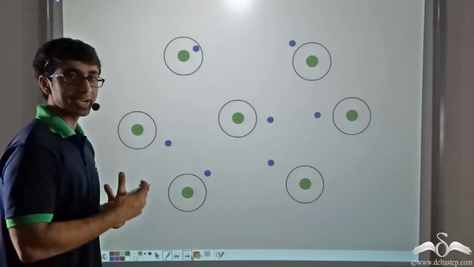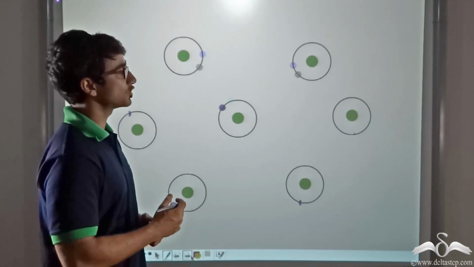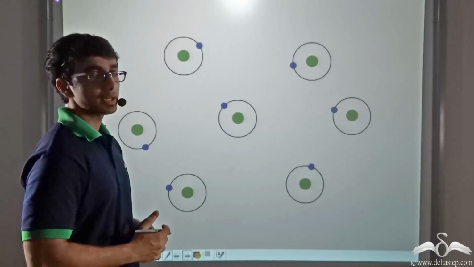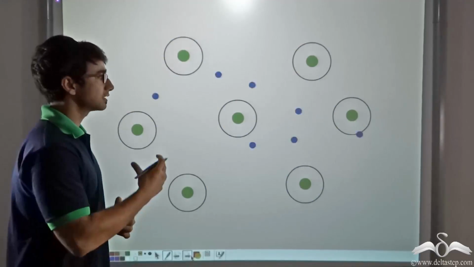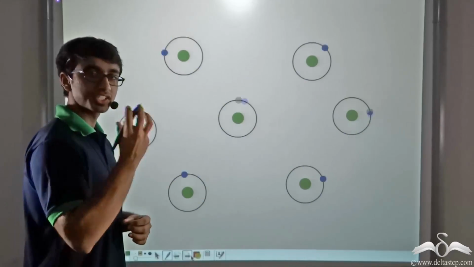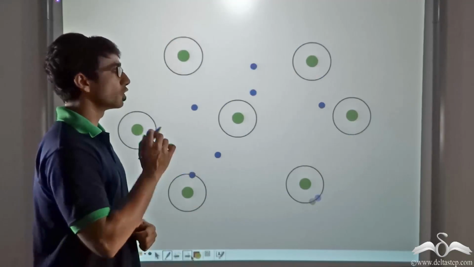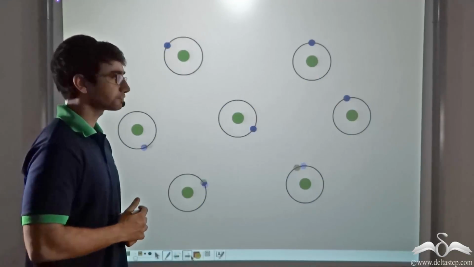Now in order to find out what that theory is, we must first revisit the concept of free electrons. We have studied that an atom is the most fundamental unit of matter, which consists of a positively charged nucleus and negatively charged electrons that revolve around it in several shells.